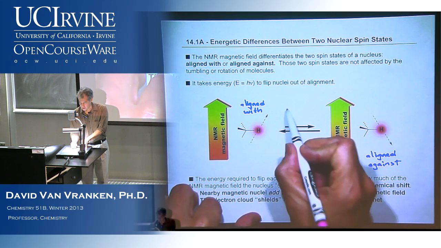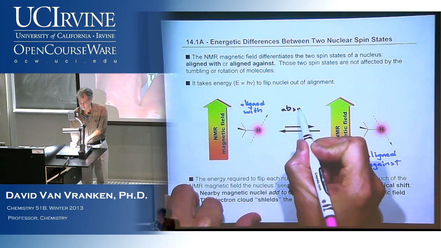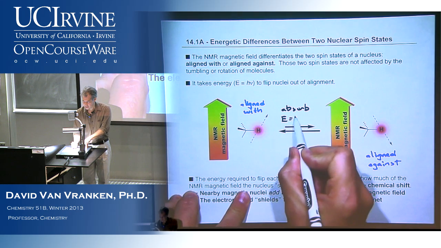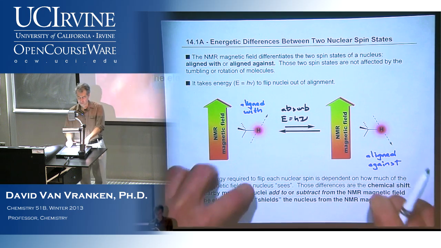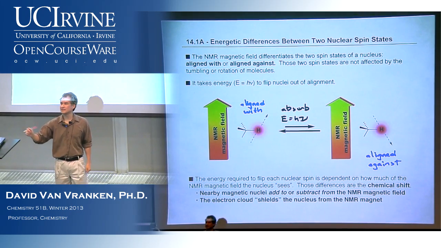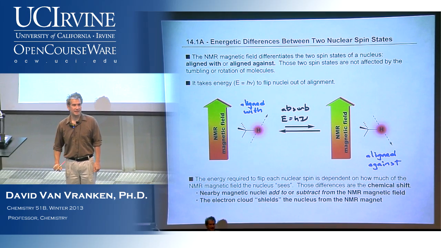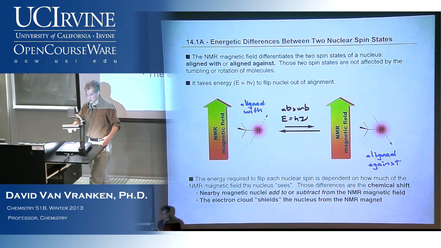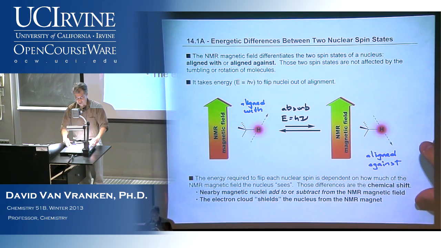If you absorb a photon of just the right energy, so E equals h nu, you can flip the spin so it's aligned against the magnetic field. The energy has to be perfectly matched. If you put in the wrong energy, you won't flip that spin.